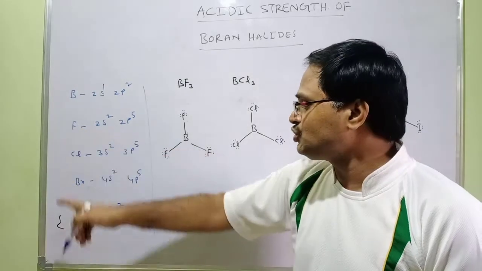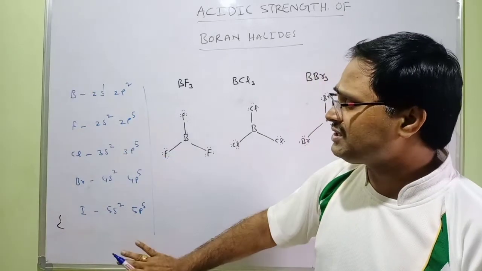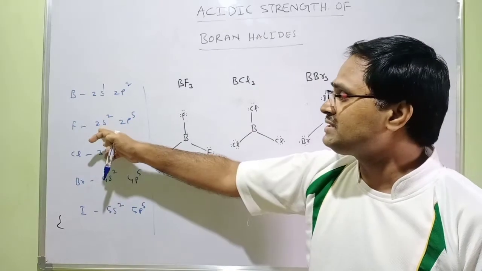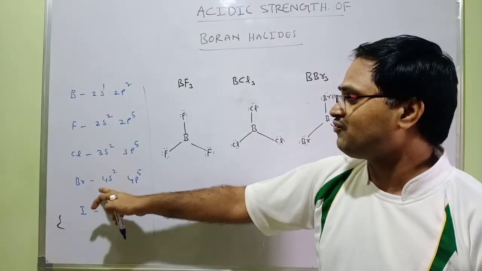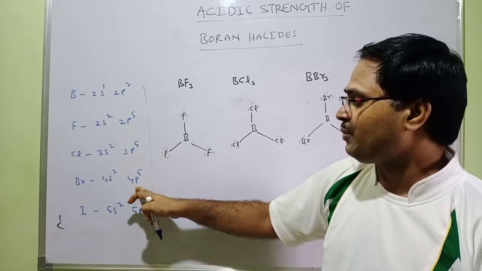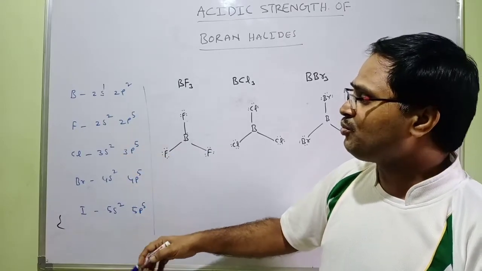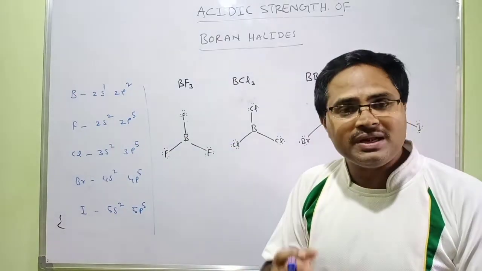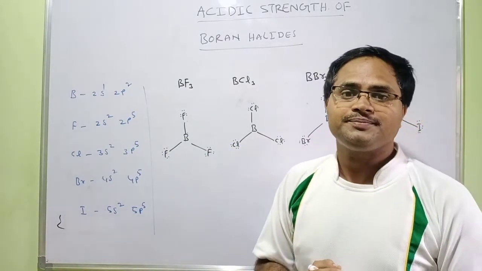From fluorine to iodine, the number of electrons in the valence configuration is the same, but the orbital size is different. This is the 2s orbital, this is 3s, this is 4s, this is 5s. This is the 2p orbital, this is 3p, 4p, 5p. When moving from fluorine to iodine, the size of s and p orbitals increases gradually.